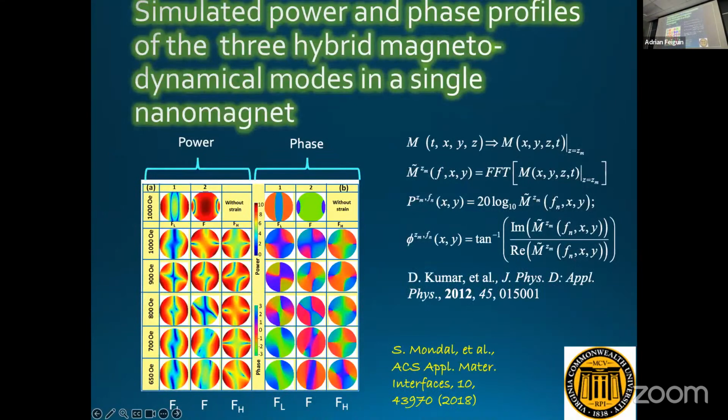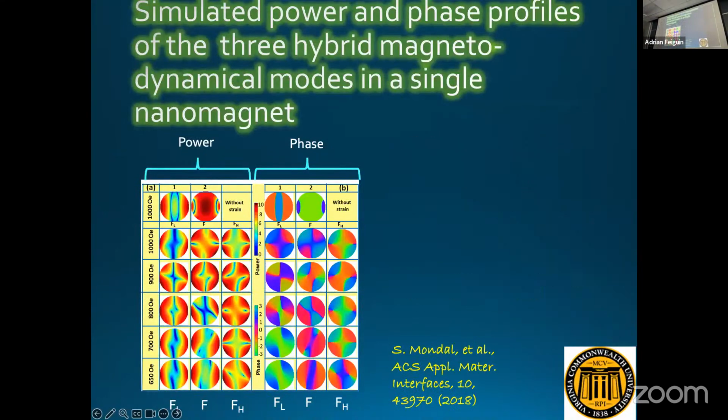Okay, so the other thing that we can do is simulate the power and phase profile of the spin waves that are created in the nanomagnets. We do that for the 3 different modes, FL, F, and FH, at different magnetic fields, 650, 700, etc., and we calculate the power and phase profile.